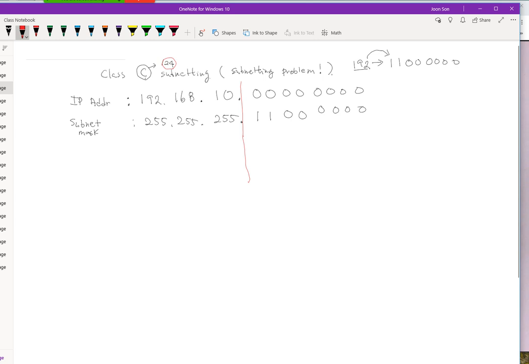I wish I had a ruler, but anyway, I'll do my best. Is that good? And then I want you to draw another line where the 1s end. Since this is 192, I have two 1s, so after the 1s end, I can draw another line.